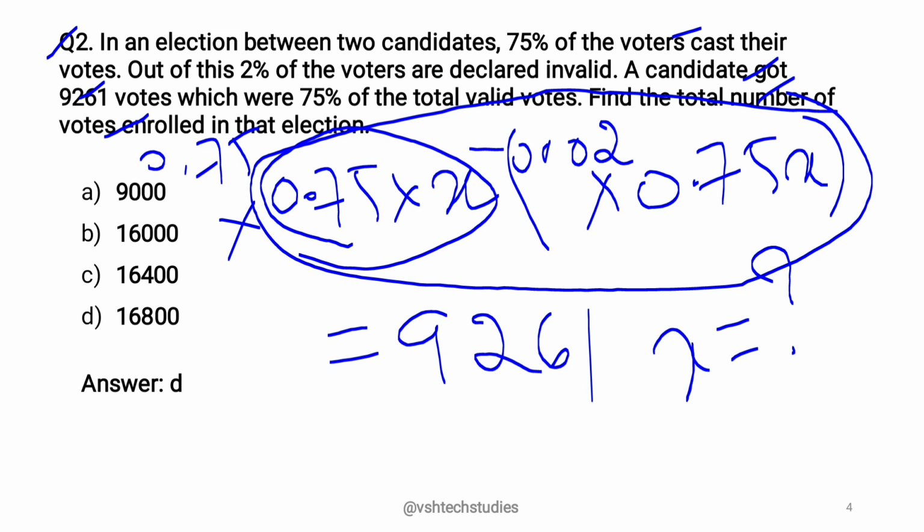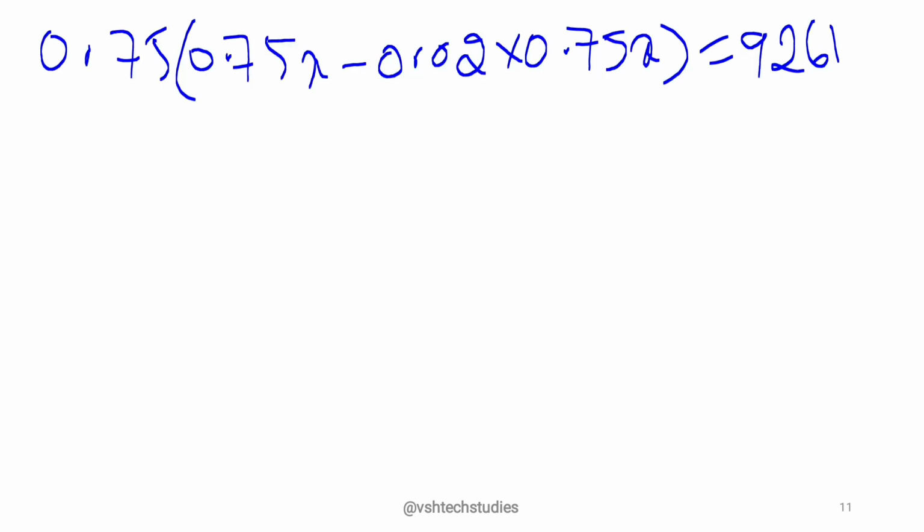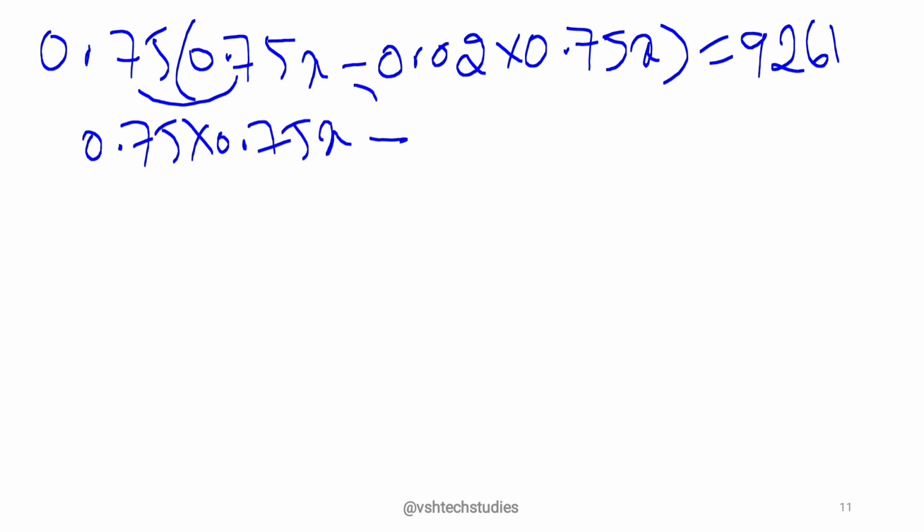Now let us solve this equation. Taking the equation, here 0.75 into 0.75x as it is. Then take this keeping minus as it is, 0.75 into 0.02 into 0.75x.